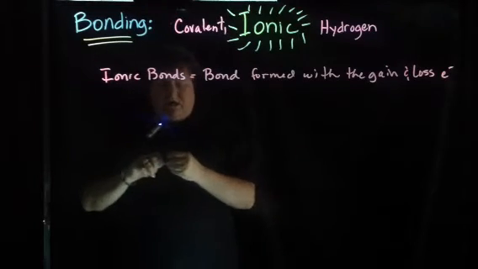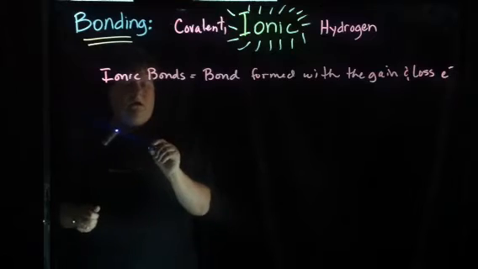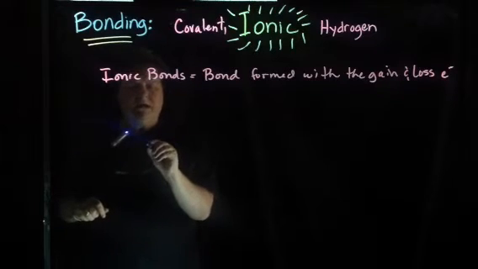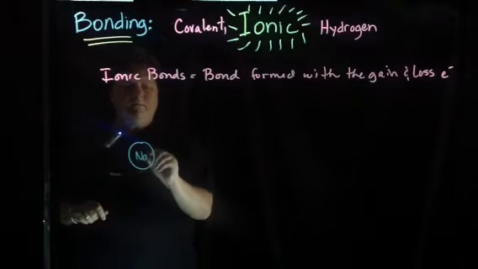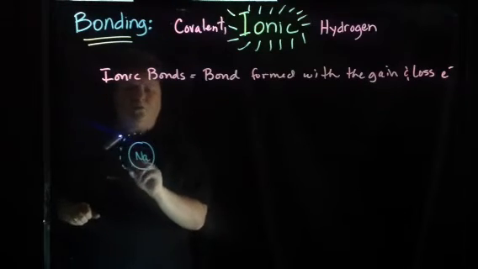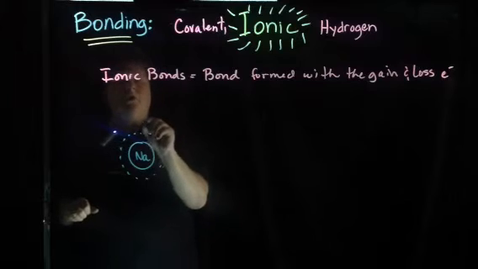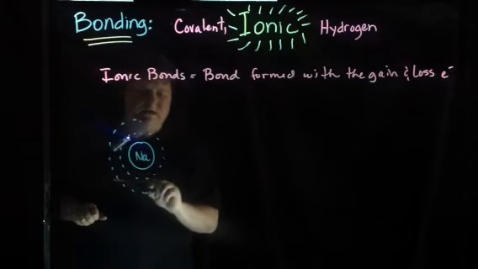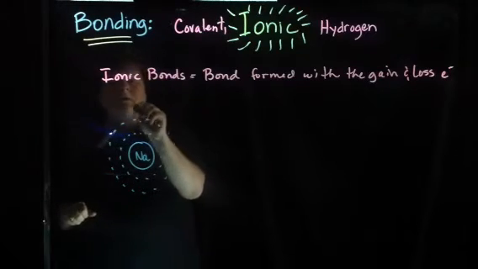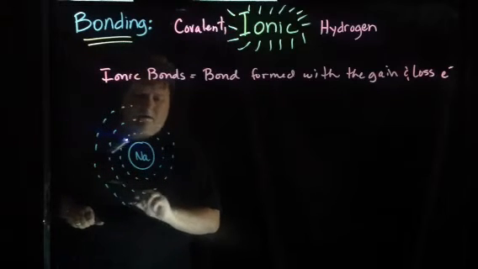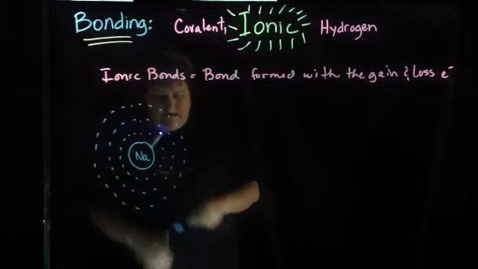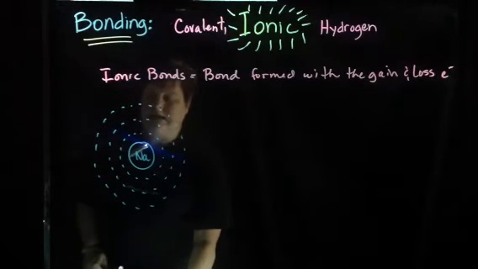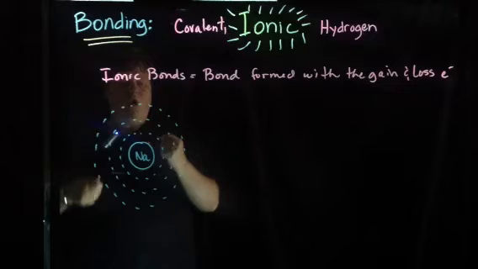So let's go over here to column 1 and let's look here at sodium. Okay? Sodium is in row 3. So I have 3 orbitals here. And it is in column 1.